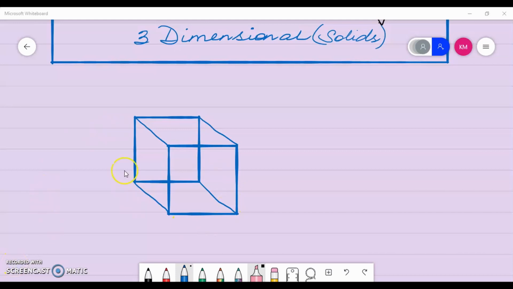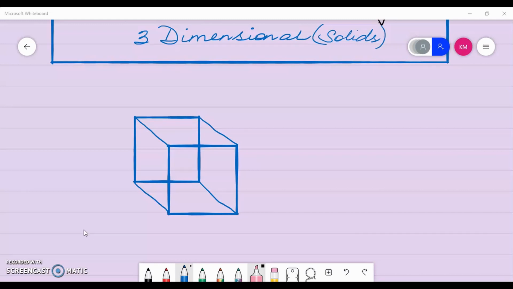Now notice our cube looks as though we have put 6 squares together and stuck them along the edges to form our cube. So our cube is actually made up of 6 faces. Each face is a square.